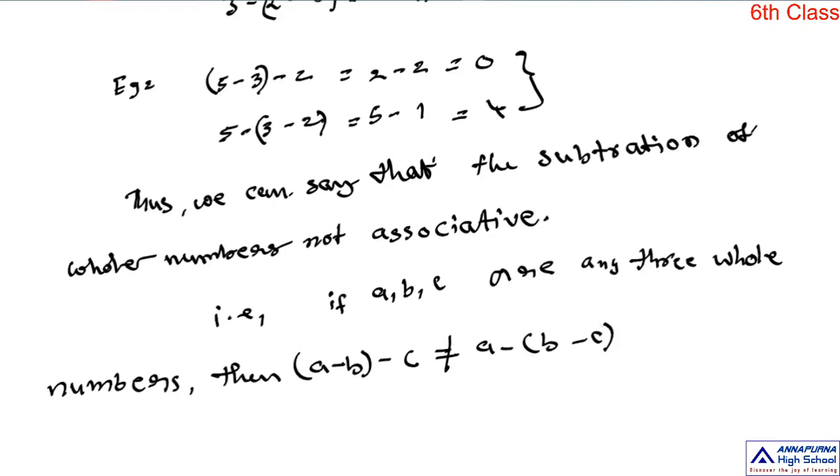Next one, division. Associative property under division. We take some examples. I explain with these examples.